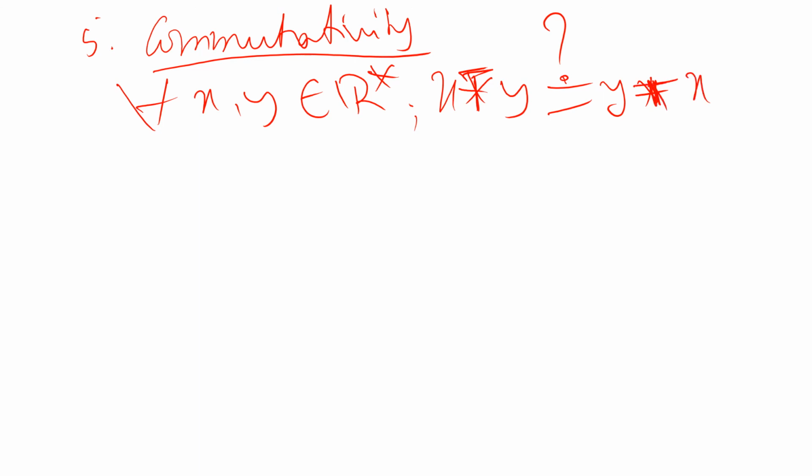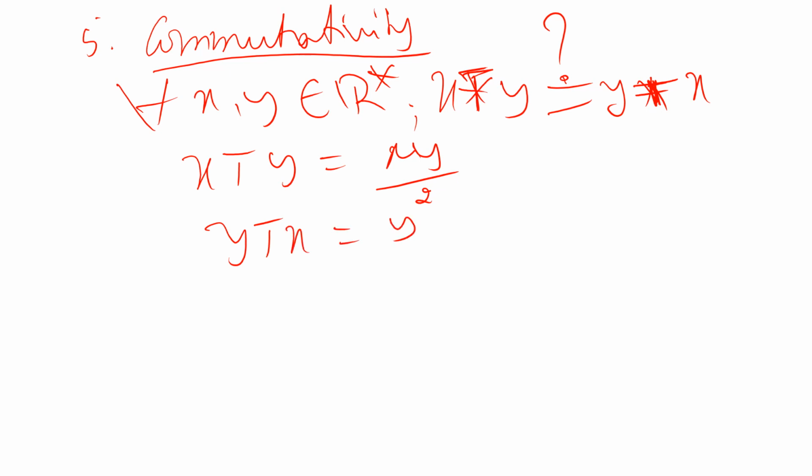We have to verify. The definition that you have is that x T y is equal to xy over 2. Now y T x is the same, yx over 2. Since multiplication is commutative, xy is the same as yx, therefore they are equal. Then the commutativity is verified.